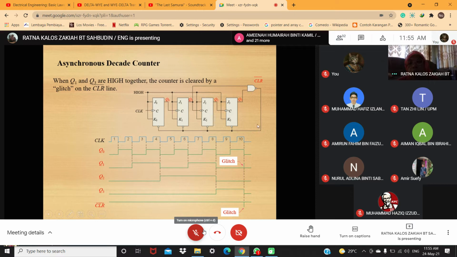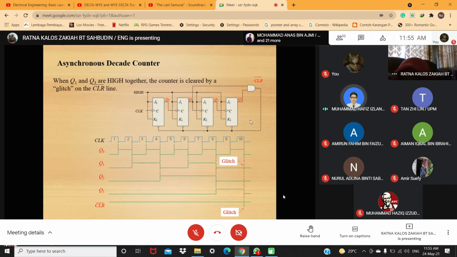Okay? So Doktor. Maknanya kiranya yang tu 1001 kan? Kiranya yang clock yang ke-10 tu sebab 10 yang maksimum dia 10 kan, 1001. Lepas tu maknanya bila nak masuk 1010 tu dia jadi kosong balik lah kan doktor? 1001 tu masih ada.